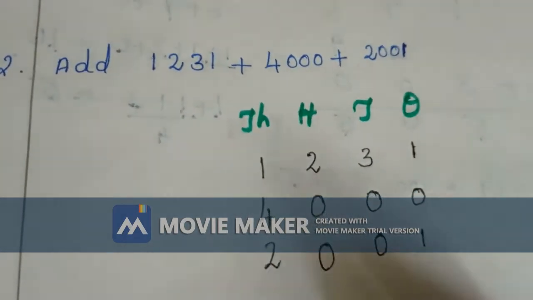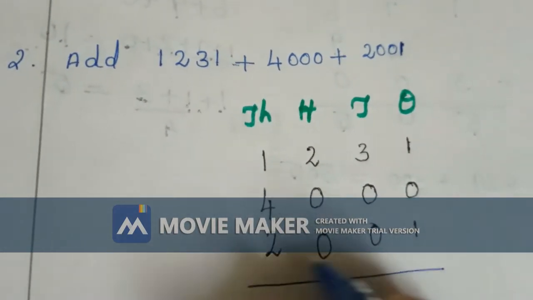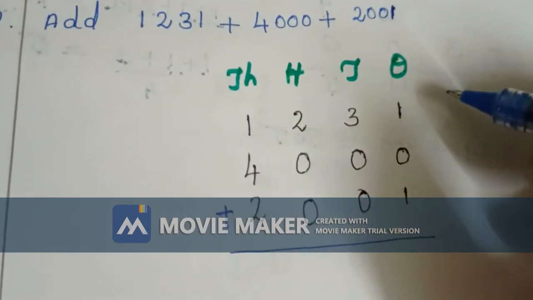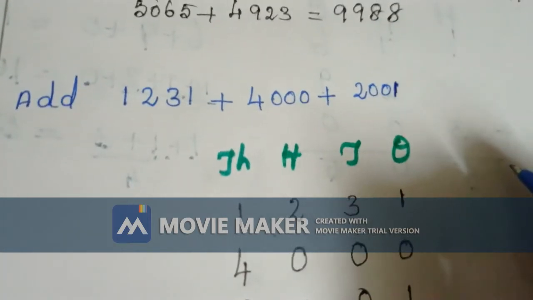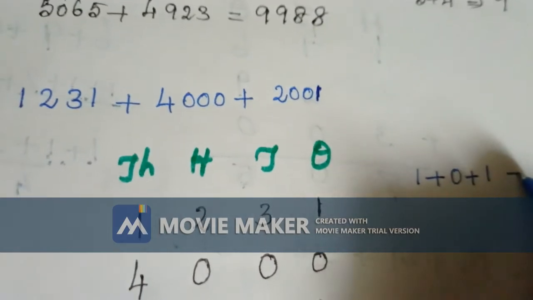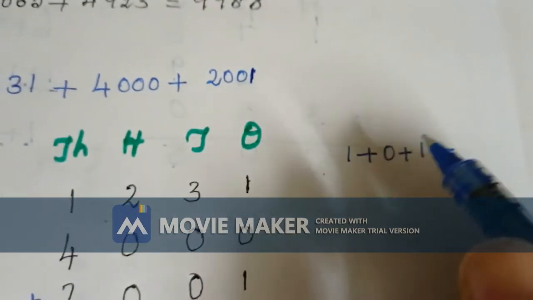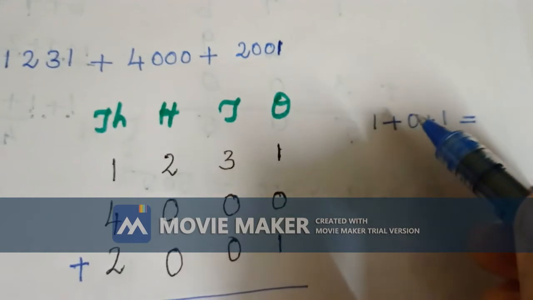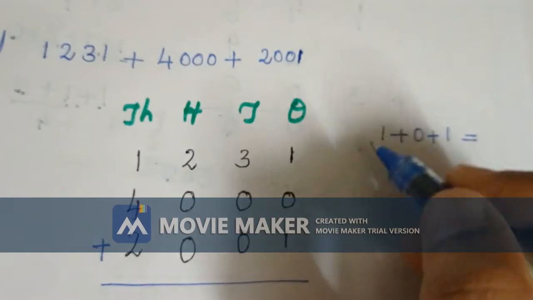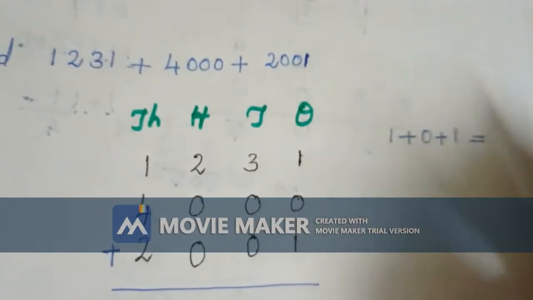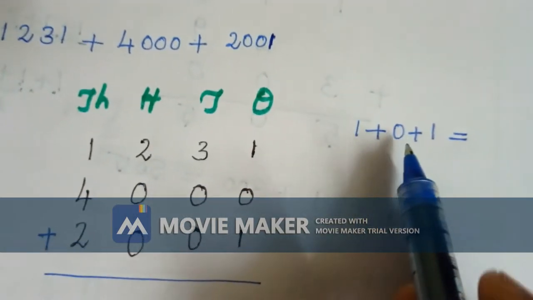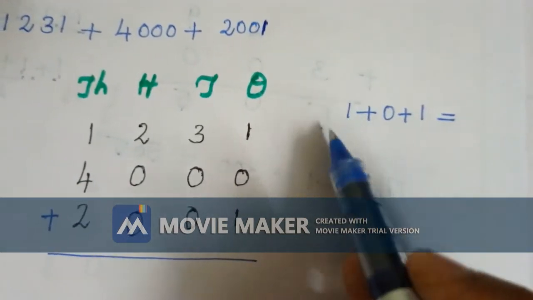Now you have to add these three numbers. First you have to add the values in the ones place. The ones place values are 1 plus 0 plus 1. If you are adding any number to 0, you get the same number itself.